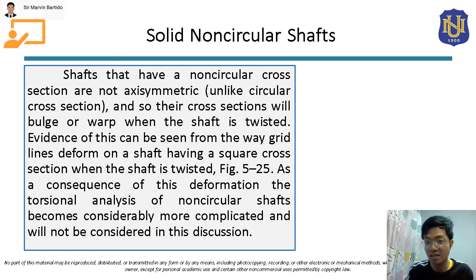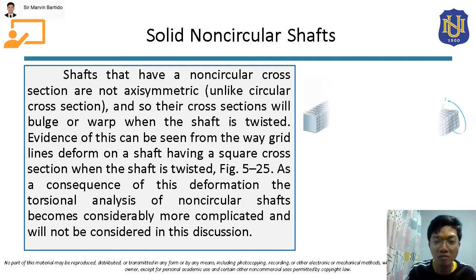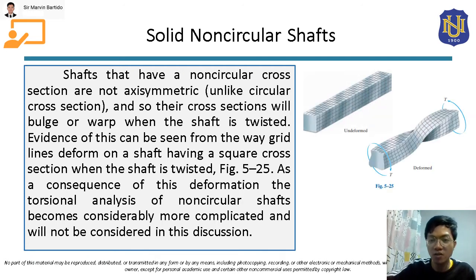Evidence of this can be seen from the way grid lines deform on a shaft having a square cross section when the shaft is twisted, as shown in this figure. As you can see here, this is the original or undeformed shaft, and its cross-section is square.